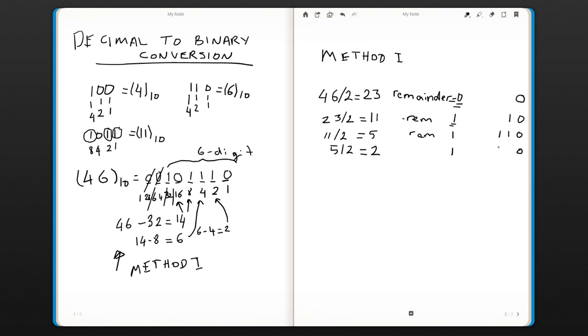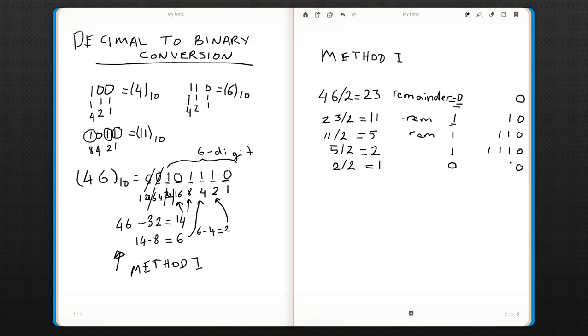I'll just copy what we had already, and then I add that 1. So we have 2. We'll divide that 2 again. So it's 1, and the remainder is 0.